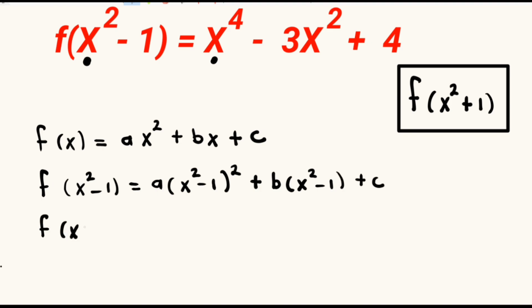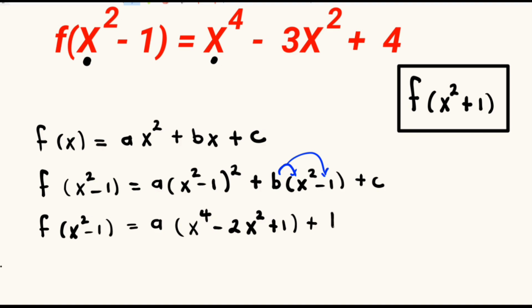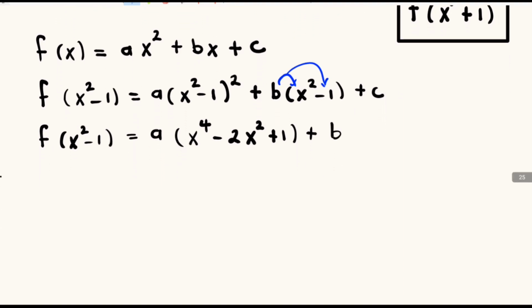So our f of x squared minus 1 will be equal to a multiplied by x to the power 4 minus 2x squared plus 1, plus we distribute the b inside the parentheses, so we have b multiplied by x squared and b multiplied by negative 1, which will be equal to negative b, plus c.